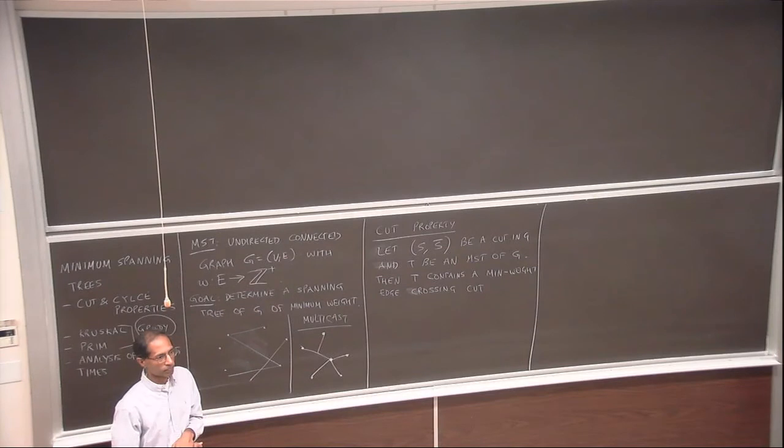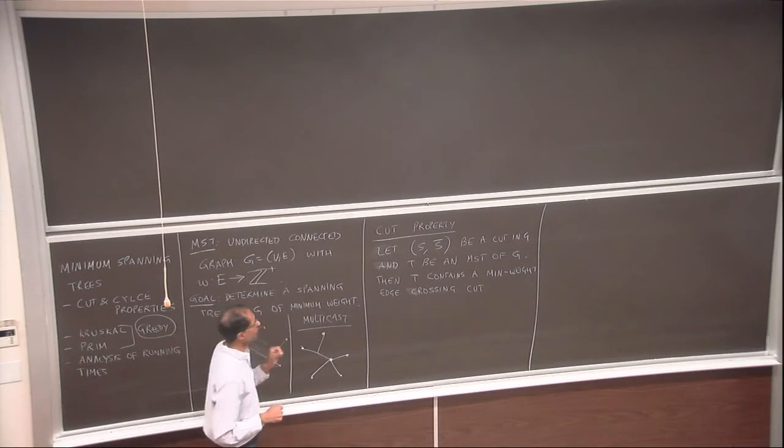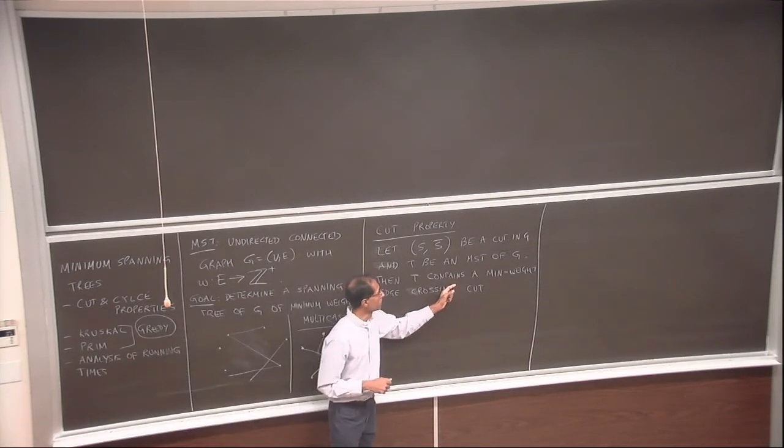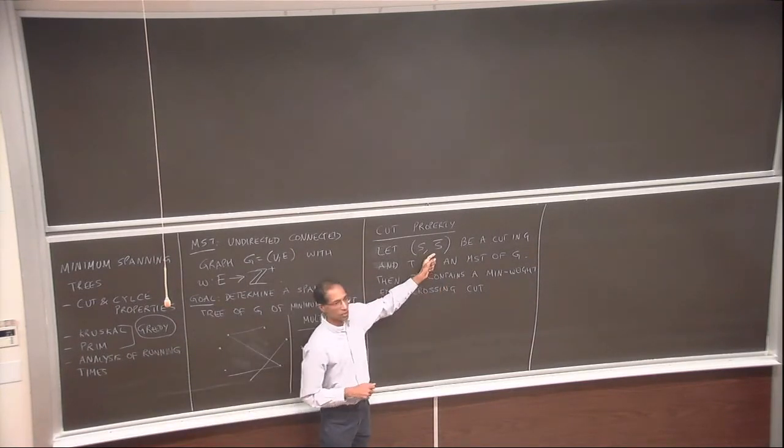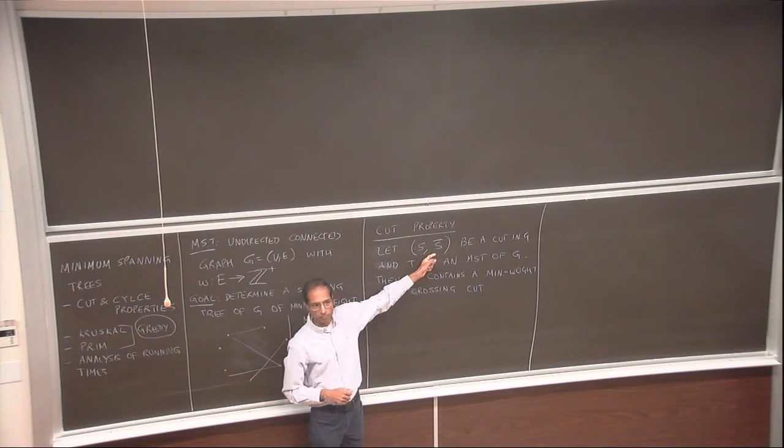Okay? Is the statement clear? Every minimum spanning tree has to include a minimum weight edge crossing this cut.